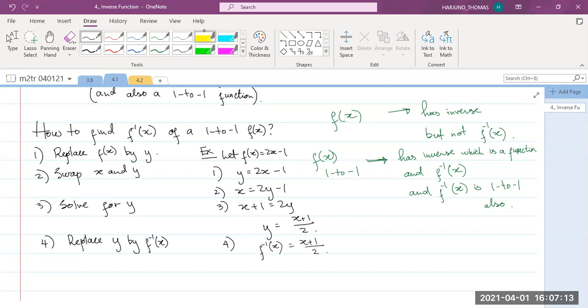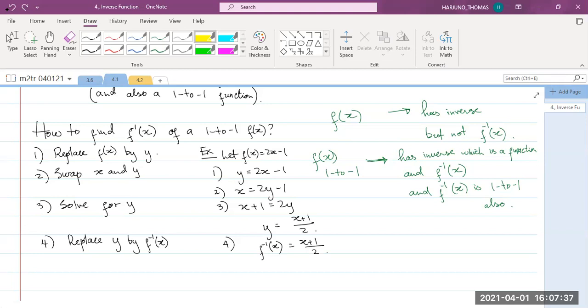You even need to write these 4 steps, 1, 2, 3, 4. Remember the 3-step procedure when we solve nonlinear inequality? Step 1, critical number. Step 2, sign graph. Step 3, solution. Right? Now, when you are finding an inverse function, you are also required to write step 1, 2, 3, 4.